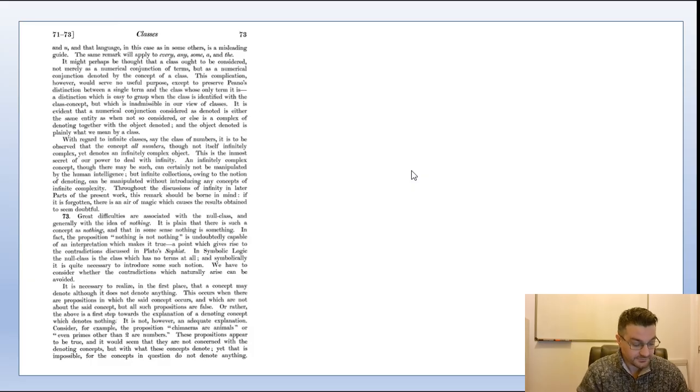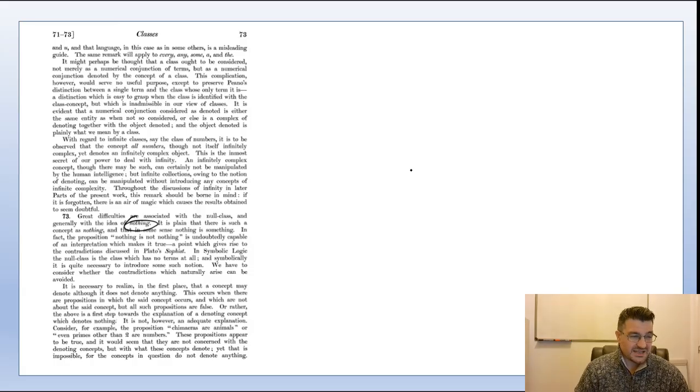Section 73. Great difficulties are associated with the null class and generally with the idea of nothing. So notice that the nothing is italicized there. I don't know if sometimes he seems to use italics to emphasize a word. Other times he uses italics, just like I've spoken about in previous videos, using either inverted commas or italics to indicate when you want to talk about the actual word effectively, the denoting concept itself, as opposed to what is being denoted.